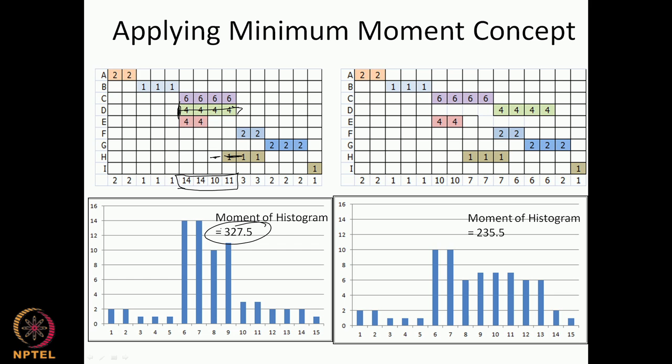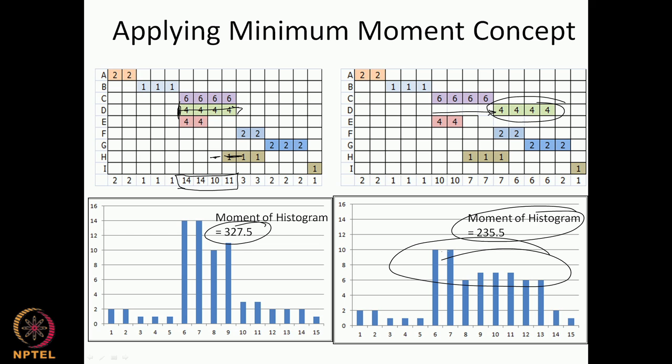Now what we have done here is shift 4 all the way there, and you can see the resource profile changes and the moment of the whole histogram has reduced.